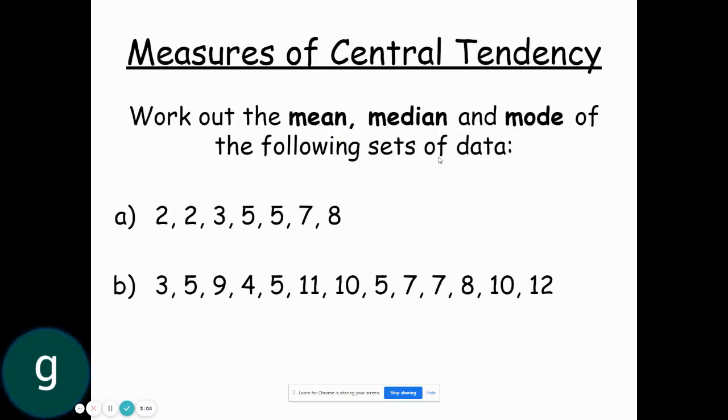Measures of central tendency, so if you can work out the means of these. I haven't done this in advance, but 2, 2, 3, 5, 5, 7, 8 is 4, 7, 12, 17, 24, and 32, divided by 7 is about 4. Probably added the numbers up wrong.